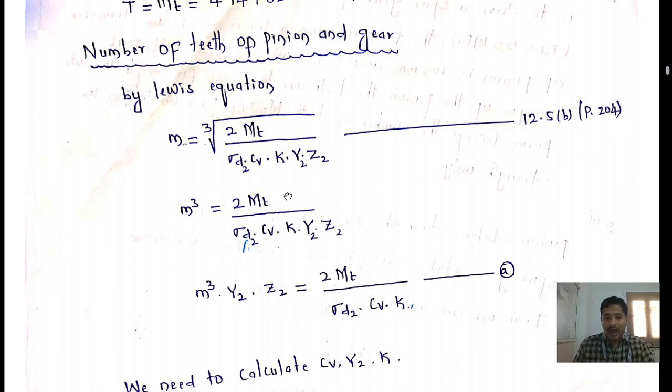Clear? Then if you cross multiply these terms, m cube into y2 into z2 is equal to 2 Mt by sigma d2 into Cv into k. So it is considered as equation number 1. In this equation we need to calculate the values of Cv and y2, as well as find out the value of k.